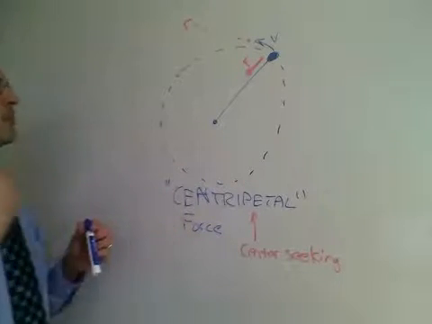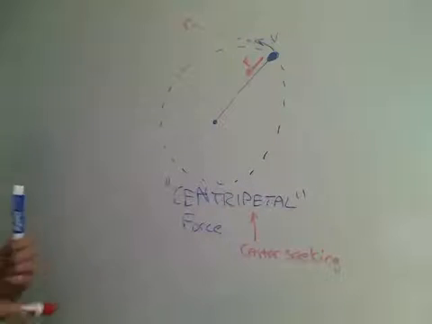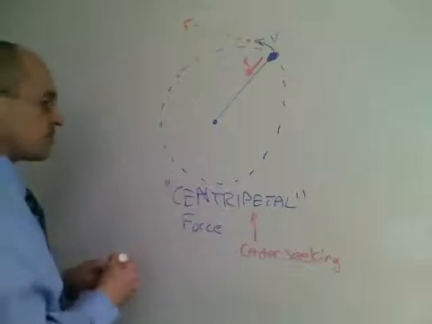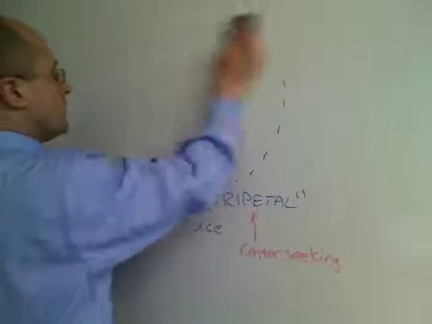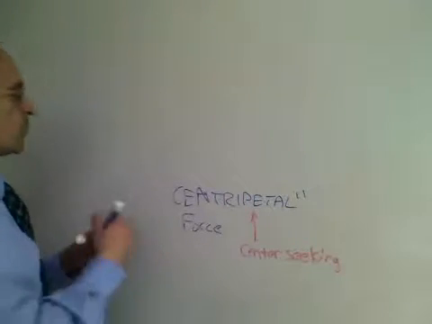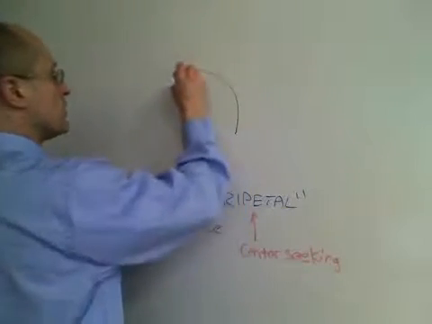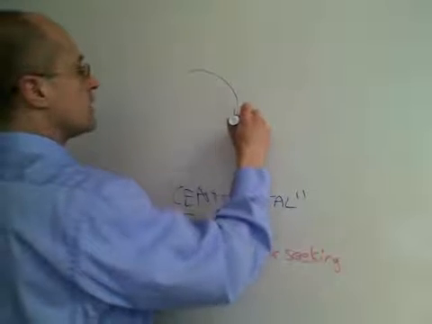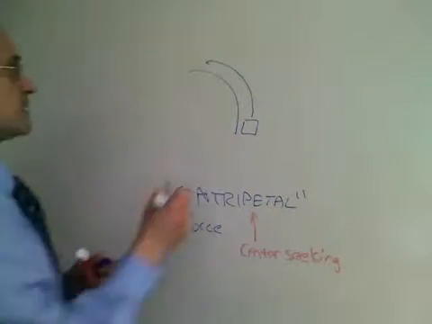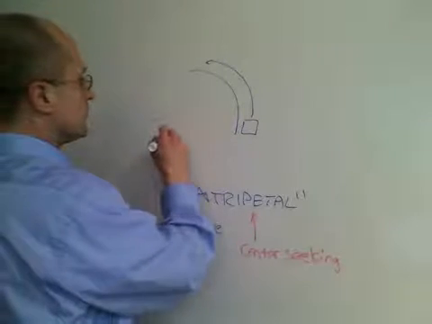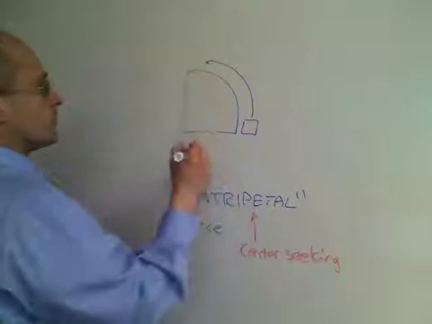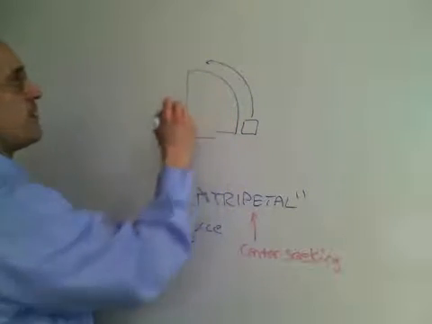Another example of a centripetal force, other than a ball on a string or maybe a planet, is something that's closer to you. Whenever your car makes a turn, what happens? This is some type of circular motion when you round a curve, because you're on a curved path.